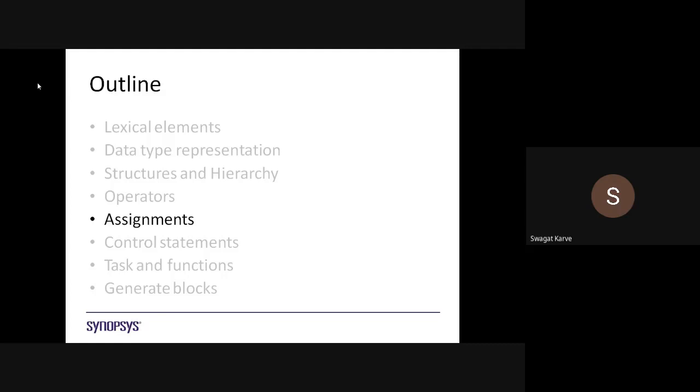So these 6 classes we have discussed, and we have also discussed precedence.